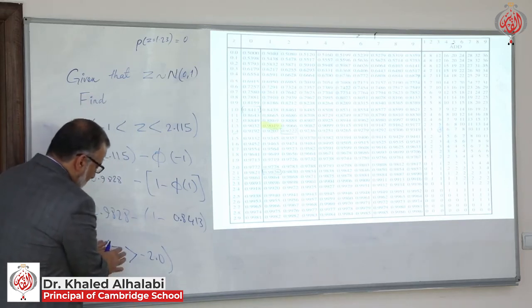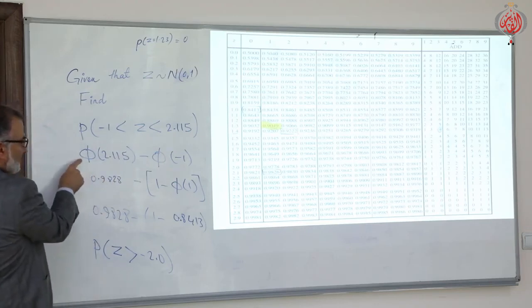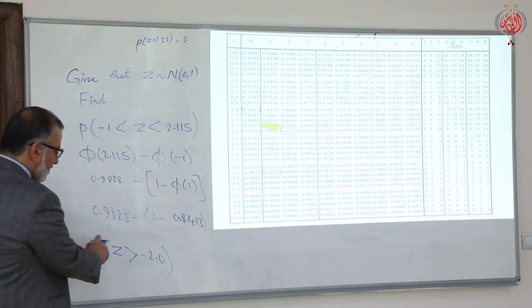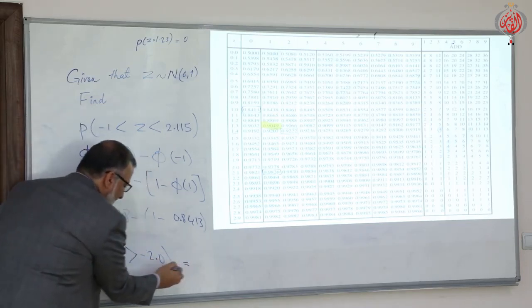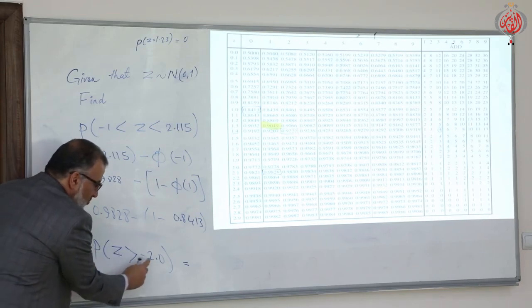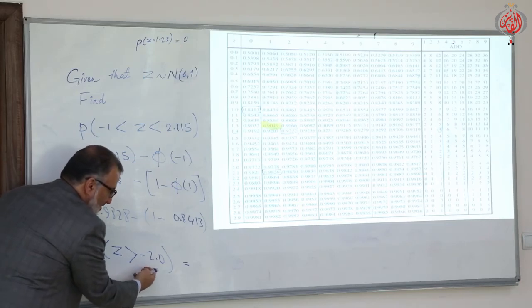I didn't ask you the question through the compound, and I didn't ask you to find through the phi. I ask you here z more than a negative value. In order to find the probability, z should be less than a positive value. So what to do? You can switch that by switching the sign of this.